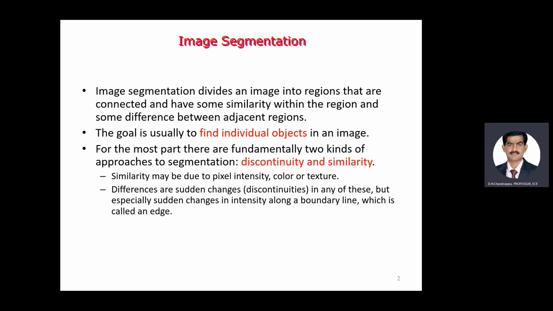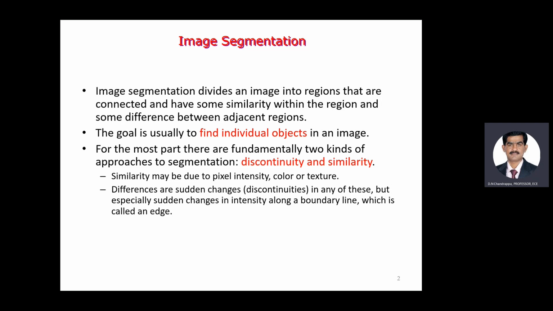Now I'll come to this slide. Image segmentation divides an image into regions. We can split it into regions that are connected and have some similarity within the regions and some difference between adjacent regions. The goal of image segmentation is usually to find individual objects in an image.